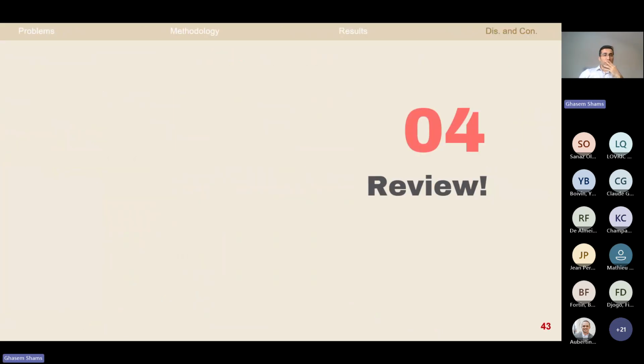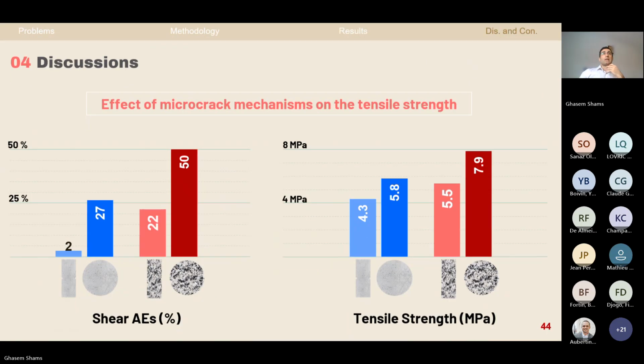If I want to review these, here we can say the effect of microcrack mechanism on the tensile strength. Simply, we saw that higher shear microcracks resulted in higher tensile strength in Brazilian discs. We test the same material, yes, but the microcracking mechanism is not the same.